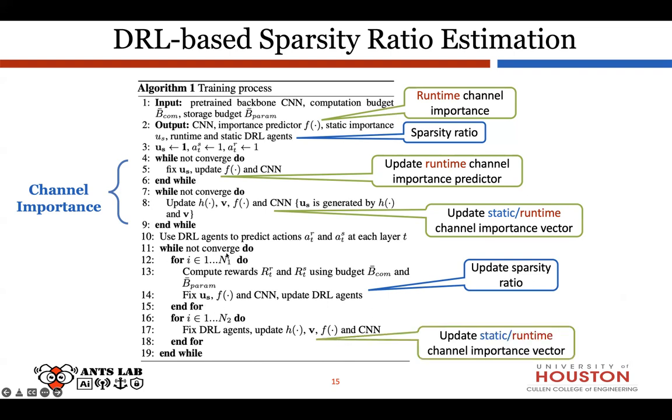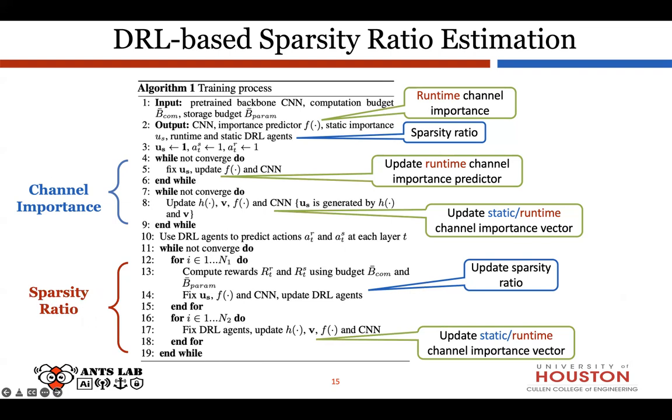After several epochs, we fix these deep reinforcement learning agents and try to update the static and runtime channel importance predictor again. We repeat these processes until it converges. And finally, we will have our sparsity ratio.